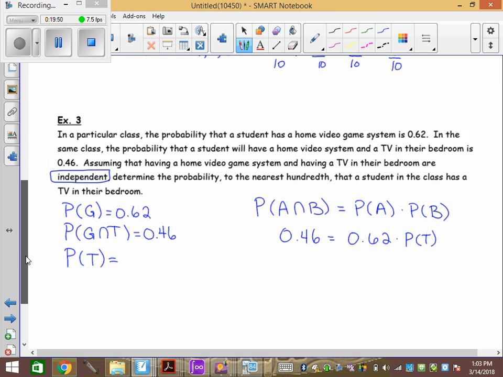How could we get P of T by itself? Divide by 0.62. So P of T equals what?